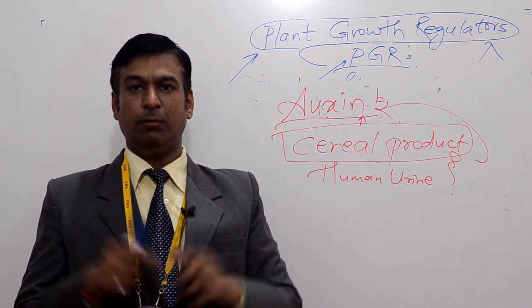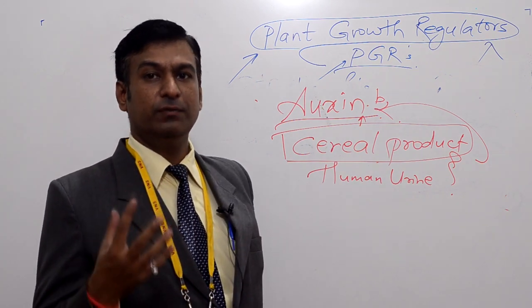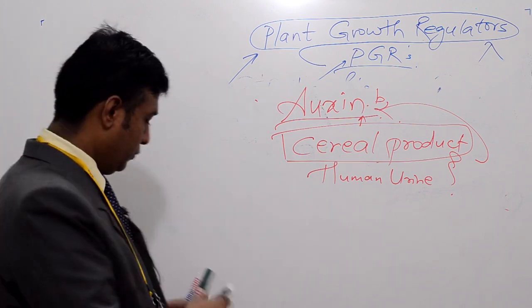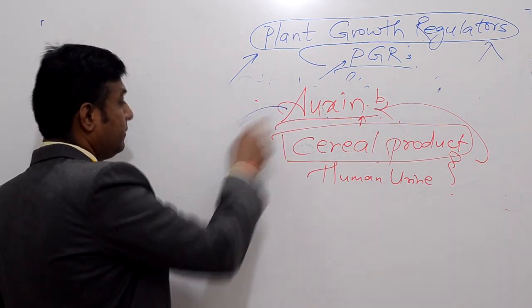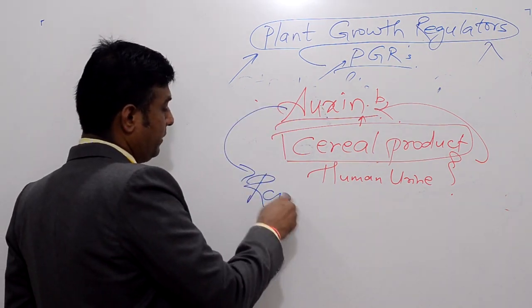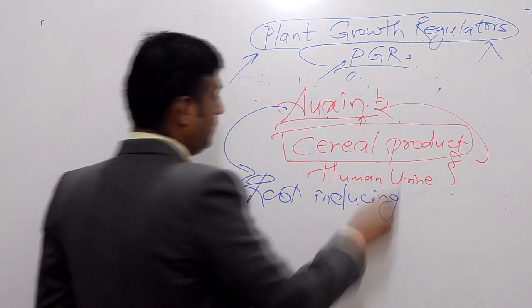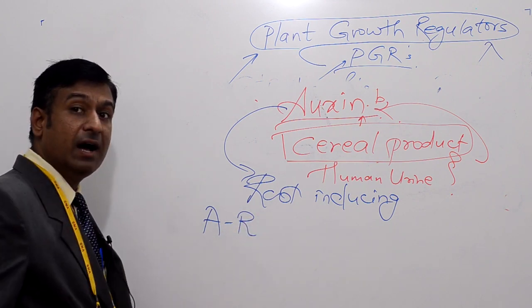If the induction of roots moves faster, it means it is a root inducing type of hormone. Yes, they came to know that auxin is a root inducing hormone.